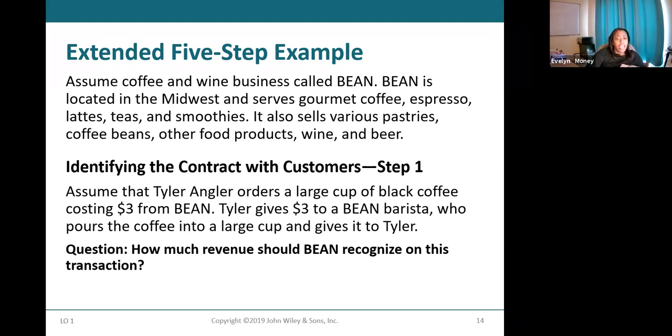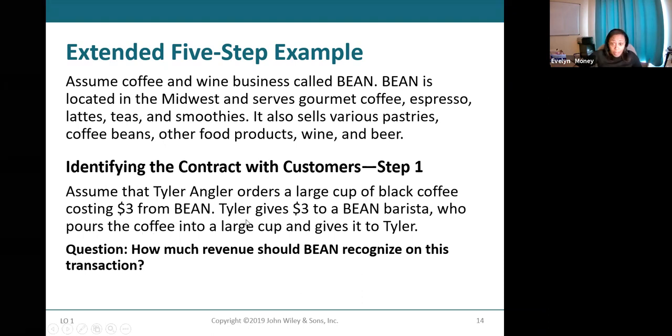So in this particular example, we have a customer coming in and ordering a large cup of black coffee, and the customer gives $3 to the barista, and the barista pours the coffee in a cup and gives it to Tyler. How much revenue should the corporation be recognizing on this particular transaction? Well, this one is pretty straightforward because we see that the cup of coffee costs $3.